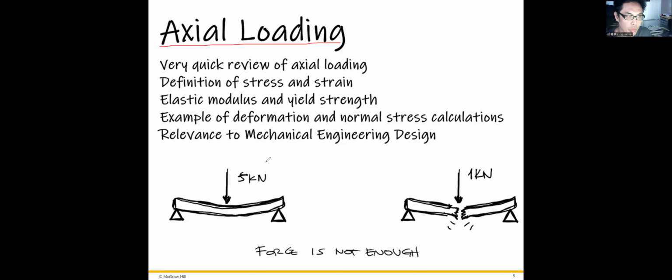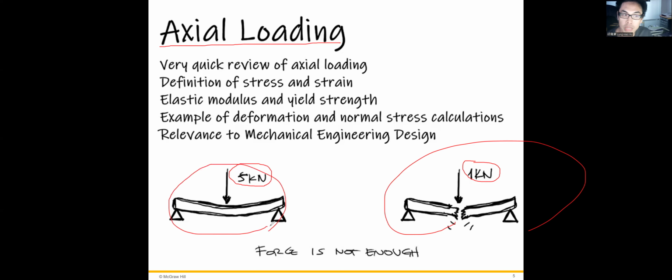There are two examples here. Suppose we have a beam with two boundary conditions, with two supports or two reactions. One component is subjected to 5 kilonewtons, and the other component is subjected to 1 kilonewton. The component with 1 kilonewton fails, however the other one is still safe.